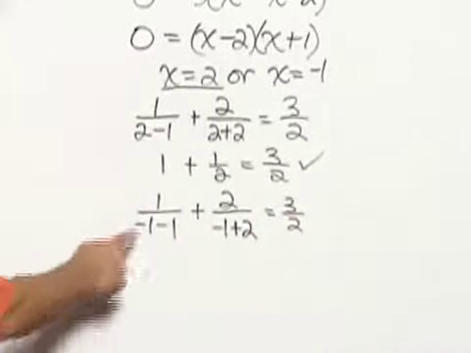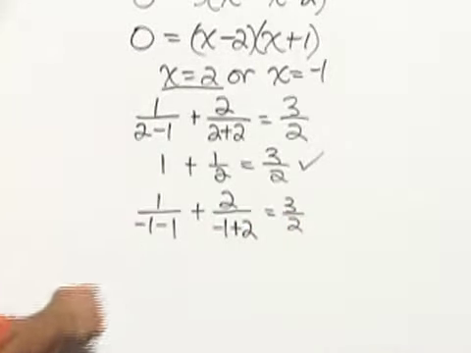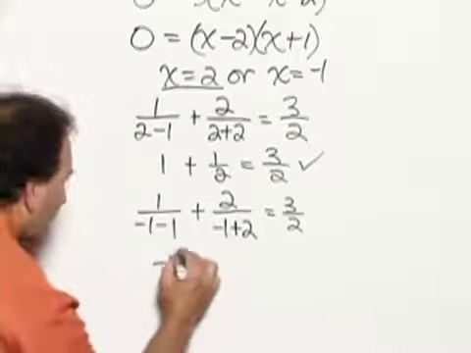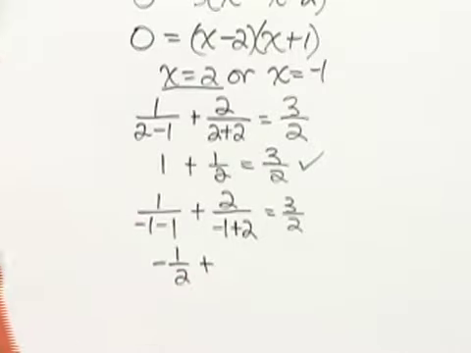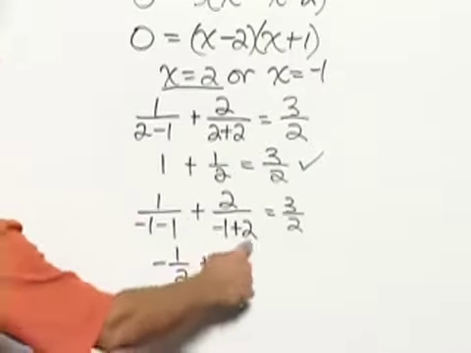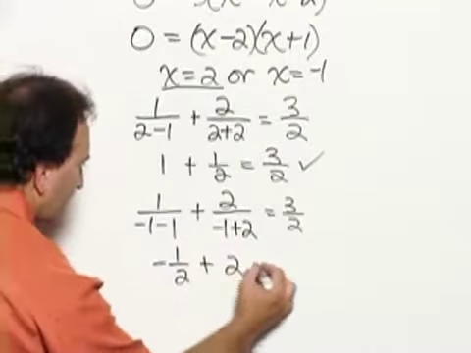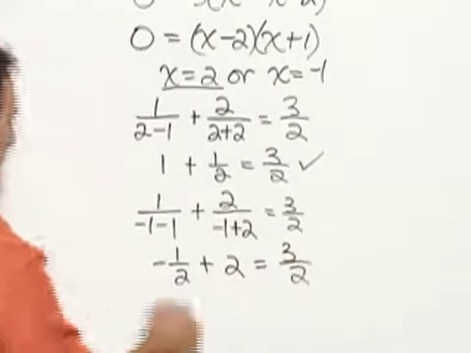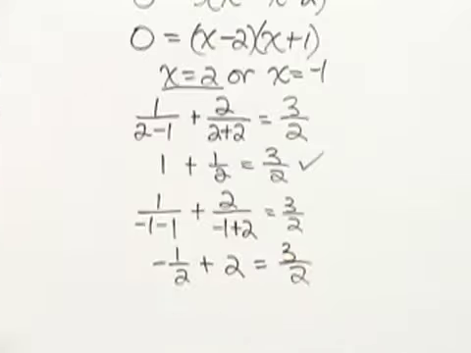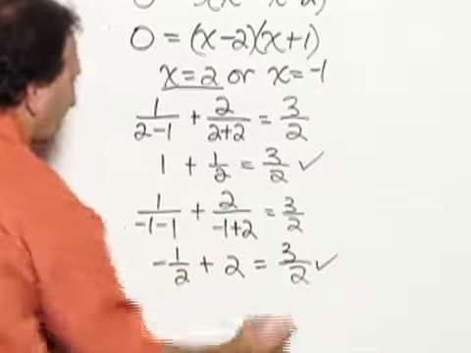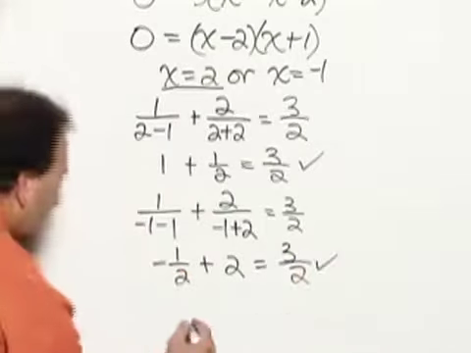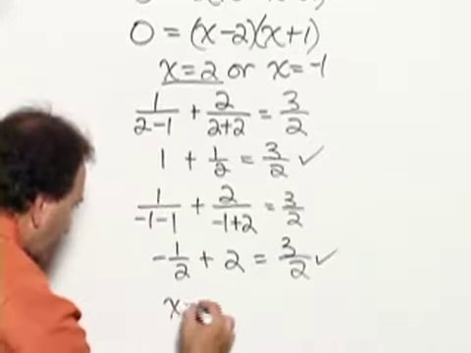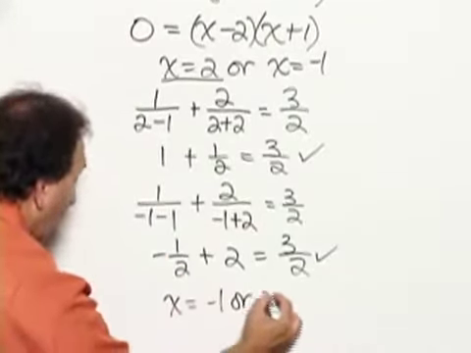Well, the first fraction, 1 over negative 1 minus 1, is negative 1/2, plus 2 over negative 1 plus 2 is 2 over 1, so that's plus 2. And of course, negative 1/2 plus 2 is 1.5, and that checks. So our two answers both check: x equals negative 1 or 2.